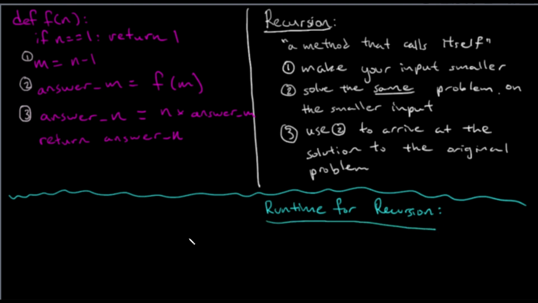So before we figure out how to get the runtime from recursion, let's first define a function. And here I'm talking about a mathematical function, not some code. We're going to define a mathematical function called t of n.